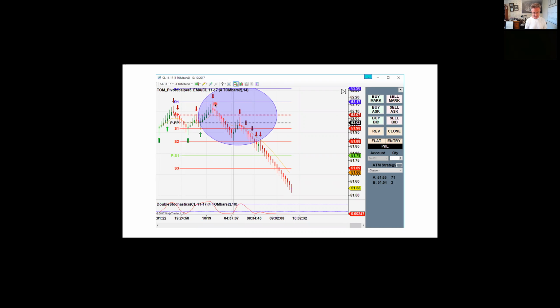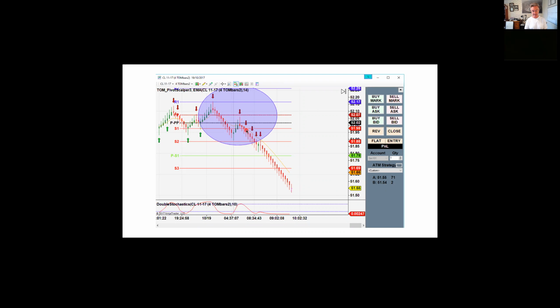So you bounce off this R1, you've got yourself an arrow. You start moving down, you hit S2, you bounce up, you come back, and you get a pivot right here on this resistance. That is also another second wave trade, and it's a beautiful trade.